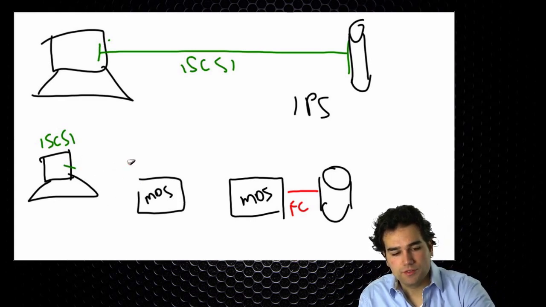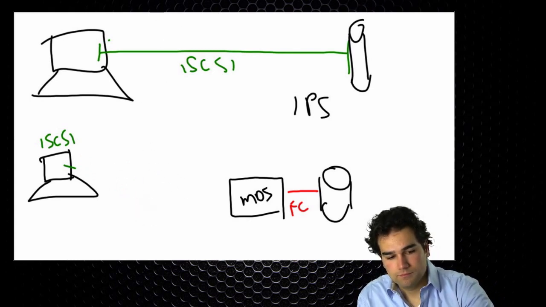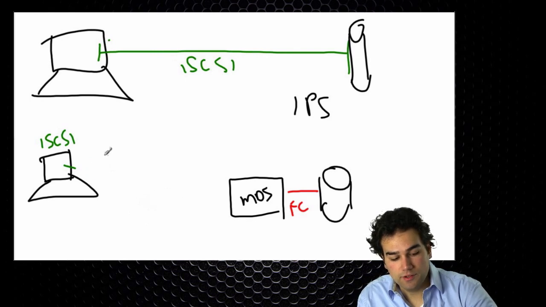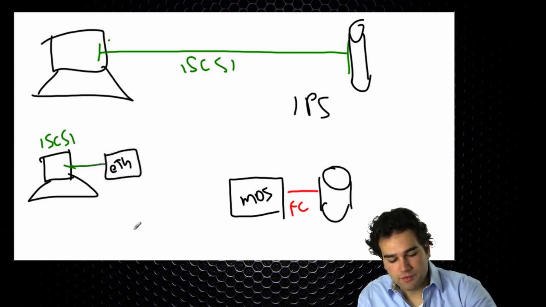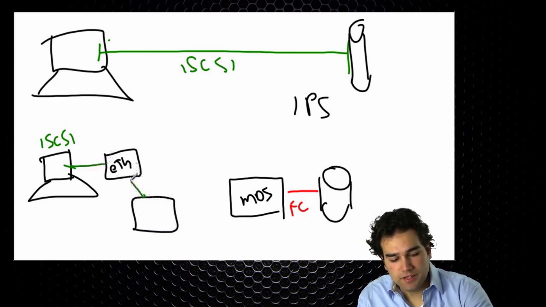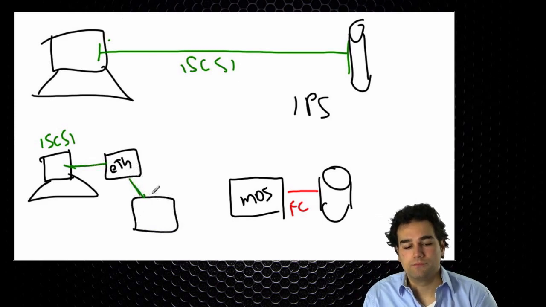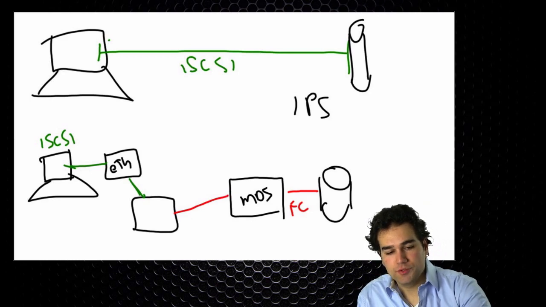Let me draw it because, again, iSCSI is just TCP. So TCP can run over anything, right? I can run it over the Ethernet. So I have an Ethernet switch where my server is connected to. And I have another MDS switch down here that also has an Ethernet connection, an IP connection towards that Ethernet switch. And it has a fiber channel link towards the other MDS.